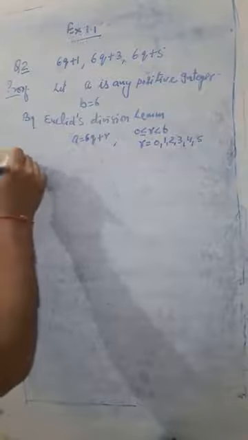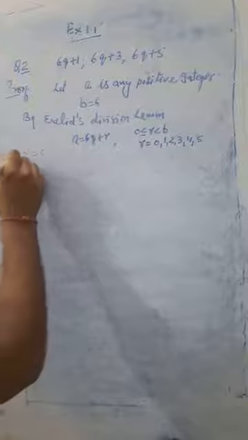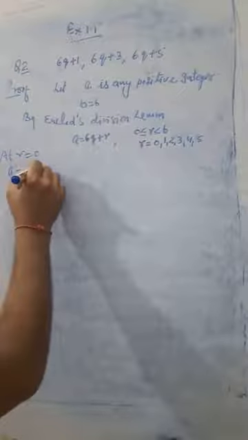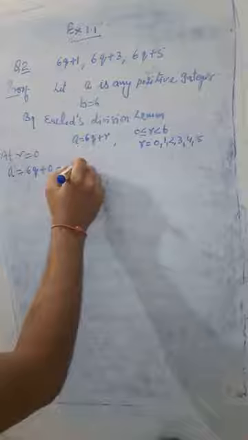So let r is equal to 0. Then a is equal to 6q plus 0, which is 6q.